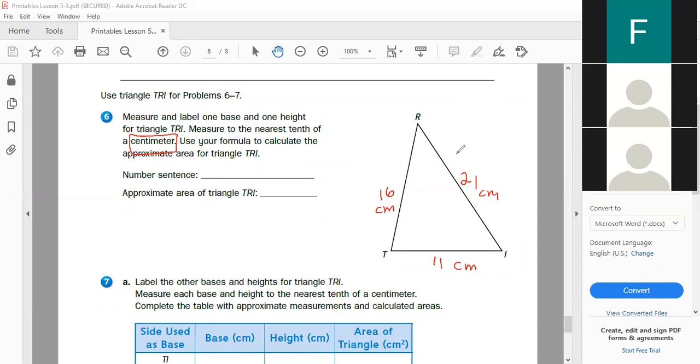My computer is frozen. I can't see. Who is this? Is that Chantel? Chantel. Okay, hold on. Chantel's computer's frozen, so let me text her. Can you see the triangle that I labeled?